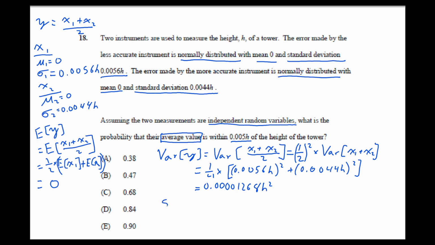The standard deviation of y is simply going to be the square root of this variance of y, which is equal to 0.00356h. So now we have our standard deviation and our mu, and now we're ready to actually solve the question.